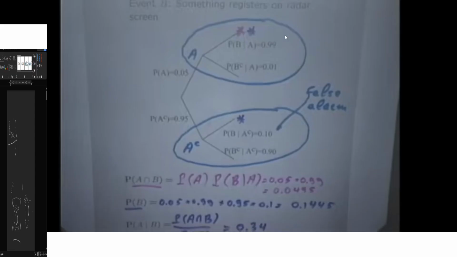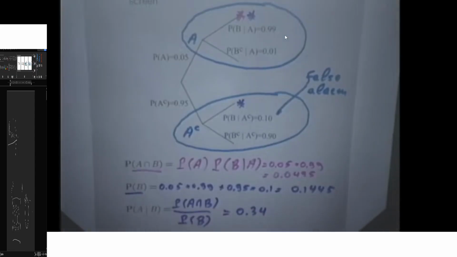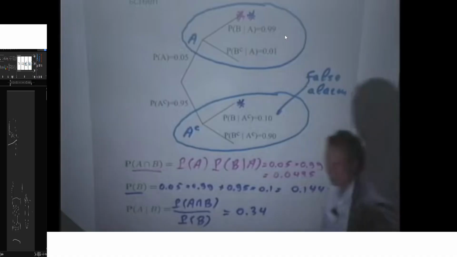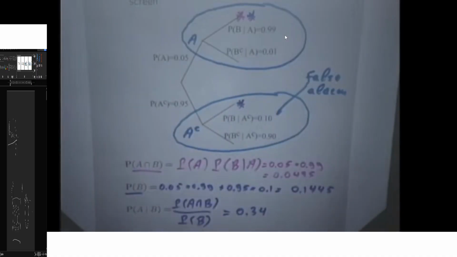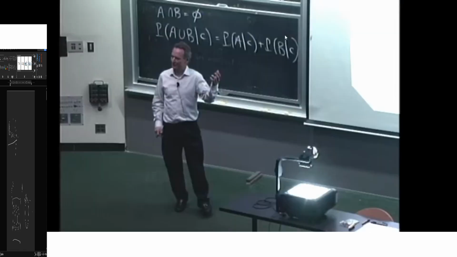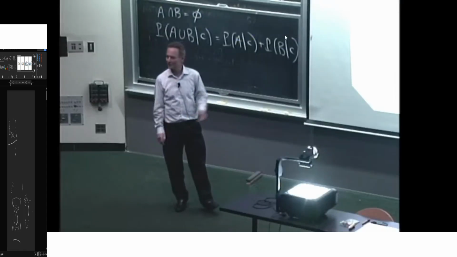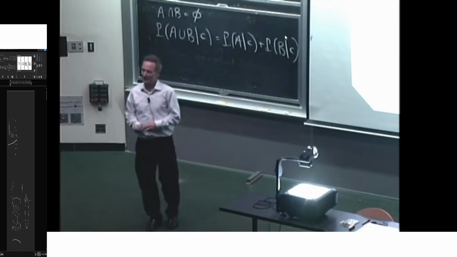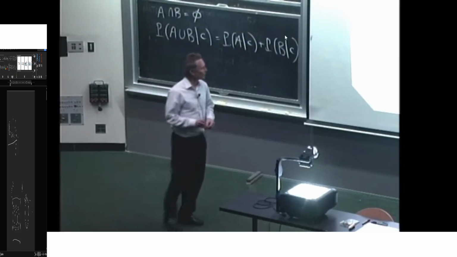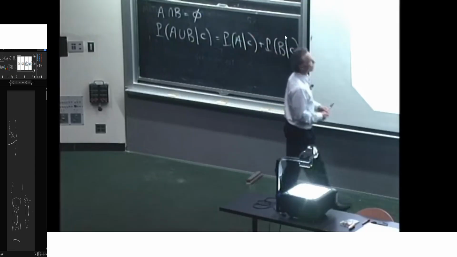Here, there's a slightly curious thing that happens in this example. Doesn't this number feel a little too low? This is the conditional probability, given that my radar said there is something out there, that there is indeed something there. So it's sort of the probability that our radar gave the correct answer. Now, the specs of our radar were pretty good.